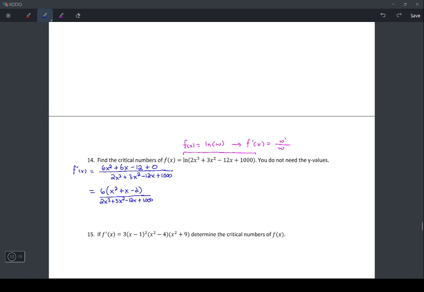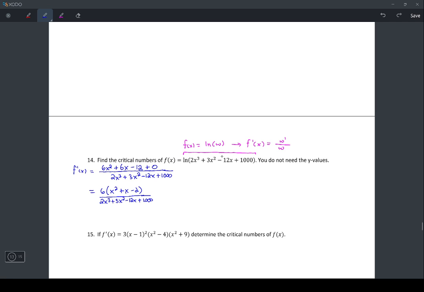A quick comment to make is that inside this course, we're going to describe critical points or critical numbers as coming not just from the derivative being 0, but also the derivative not existing. In this case, the derivative not existing would mean the denominator being equal to 0. The reason I'm not going to examine that is because if the denominator is 0, then that would be an x value that would also make f of x equal to the ln of 0.